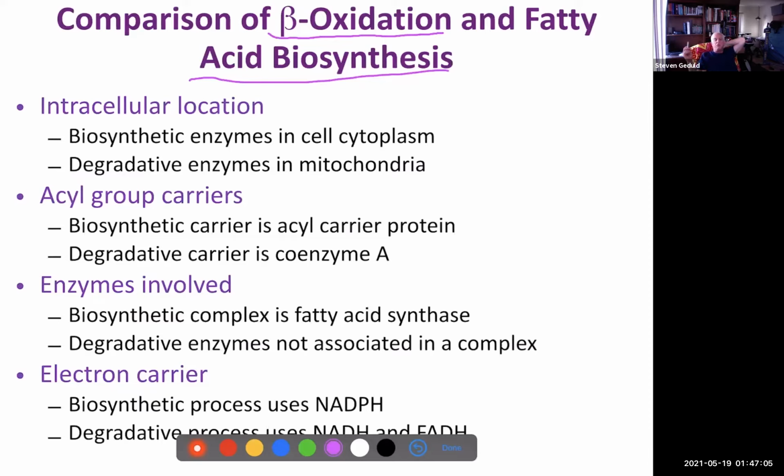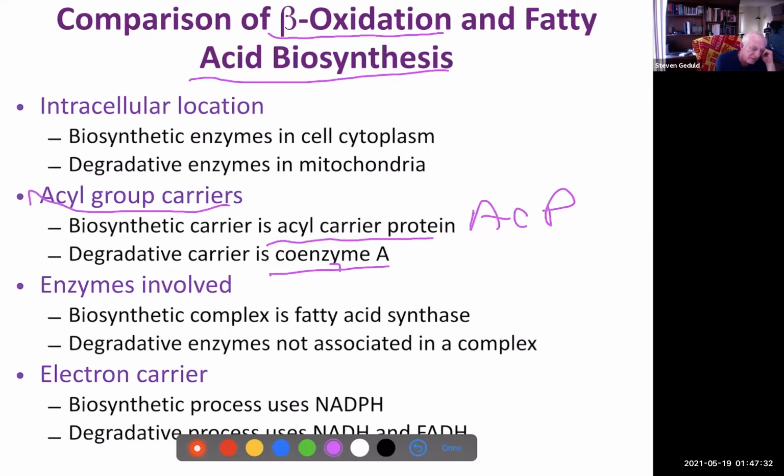When you're going to make the triglycerides, biosynthetic enzymes are in the cell cytoplasm. The acyl group carriers: the biosynthetic carrier is the acyl carrier protein, ACP. The degradative carrier is coenzyme A. We bind coenzyme A to activate it, and coenzyme A runs it through the citric acid cycle.